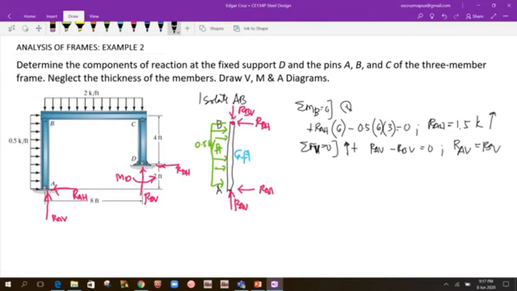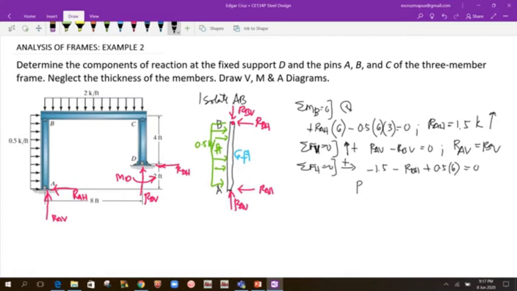Since we have already solved for RAH, we could sum forces horizontal equal to 0, with right as positive. What are the forces? Negative RAH, which is 1.5, then negative RBH, then plus the uniform load, which is 0.5 times 6, should be equal to 0.